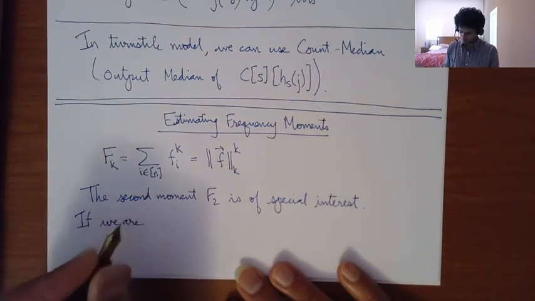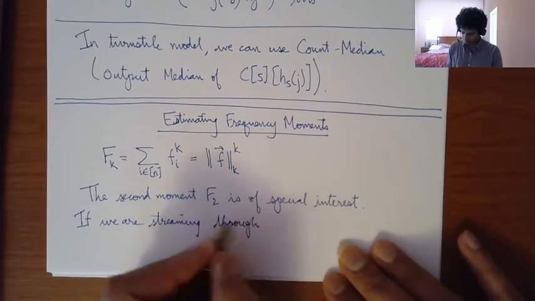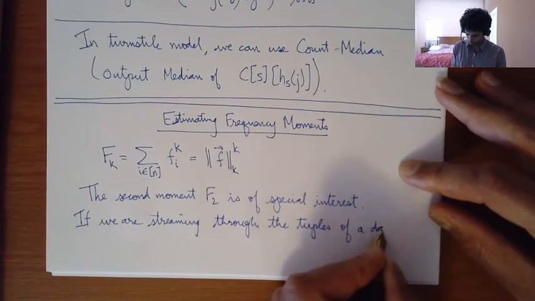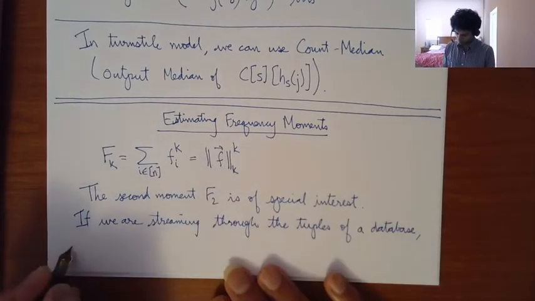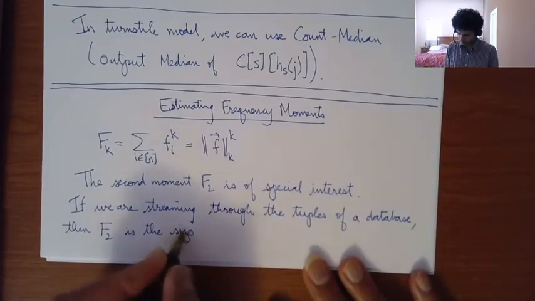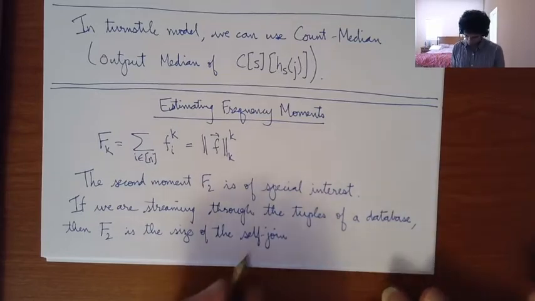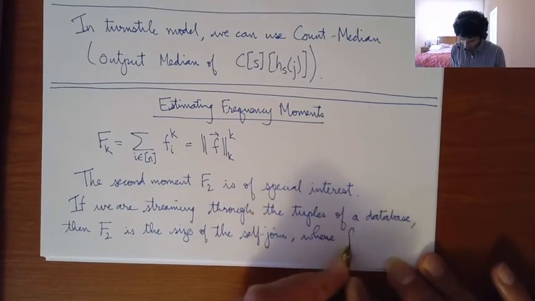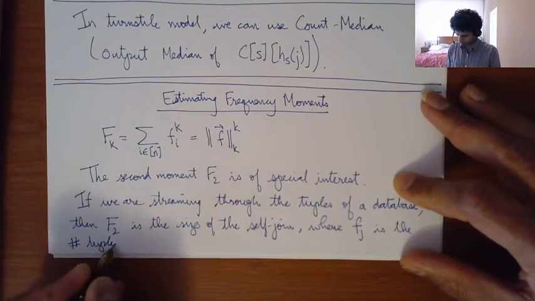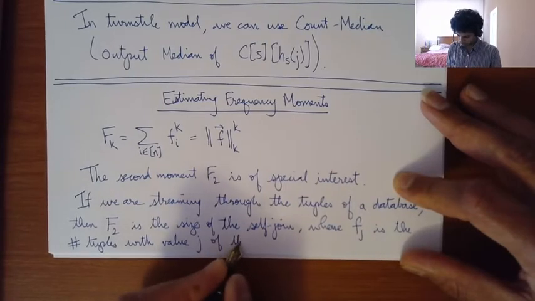If we are streaming through the tuples of a database, then F2 is the size of the self-join, where Fj is the number of tuples with value j of the join attribute.